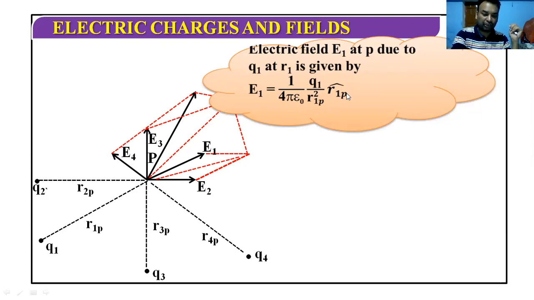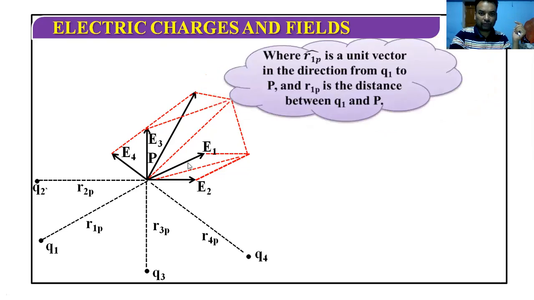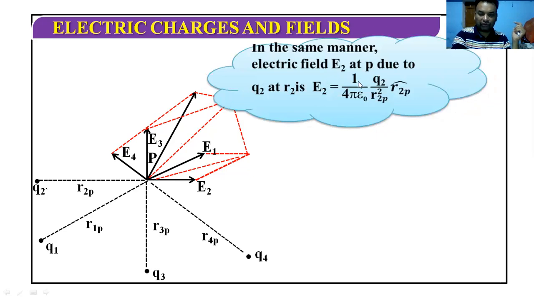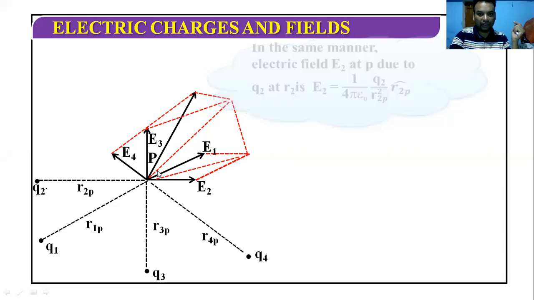So r1P will give the direction of the field at point P. Now we can find E2, which is again 1 upon 4 pi epsilon naught, q2 upon r2P square, into the r2P unit vector. And again r2P will give the direction of the electric field at point P. Similarly, we can find E3 and E4.